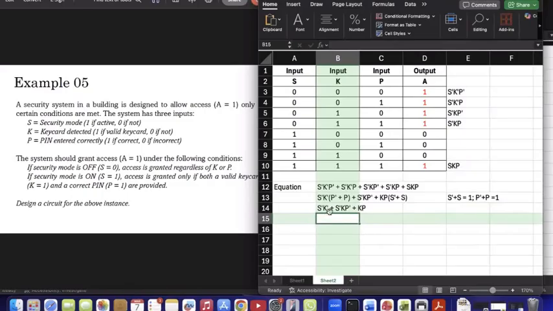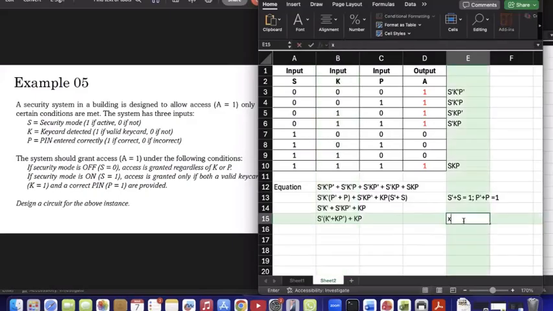S bar, we can take common. You can take common this side, or even you can take common this side. But anyhow, S bar K bar, S bar we will take common and write K bar plus K P bar plus K P. So what is K bar plus K P bar? X plus X bar Y format.